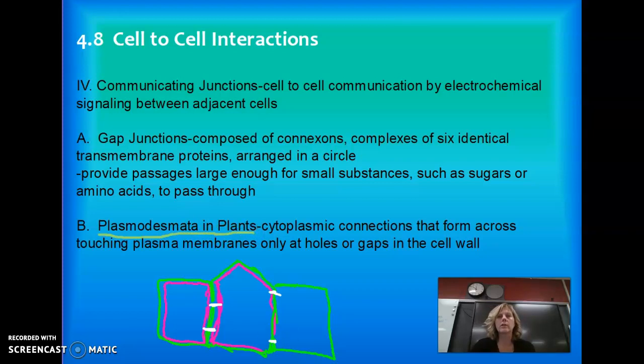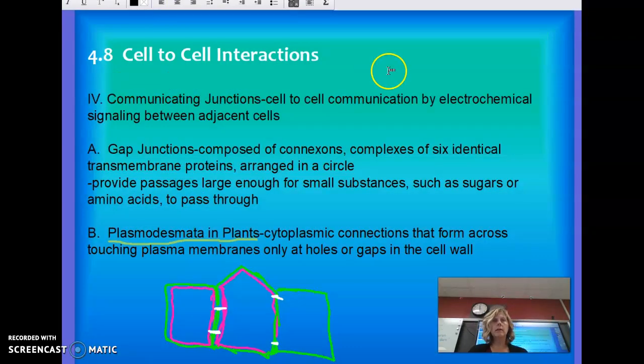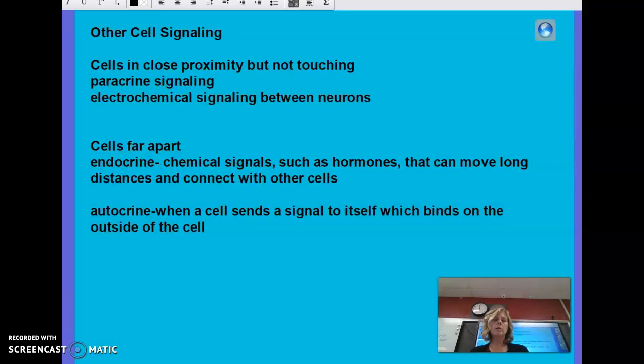So those cytoplasmic connections, again, these are cells that are physically touching each other, and communicating that way. As mentioned in the other video, these are cell-to-cell interactions when the cells are physically touching each other, attached to each other, and there are these channels that they can communicate through. But sometimes cells have to communicate with cells that are maybe close to each other, but not touching.